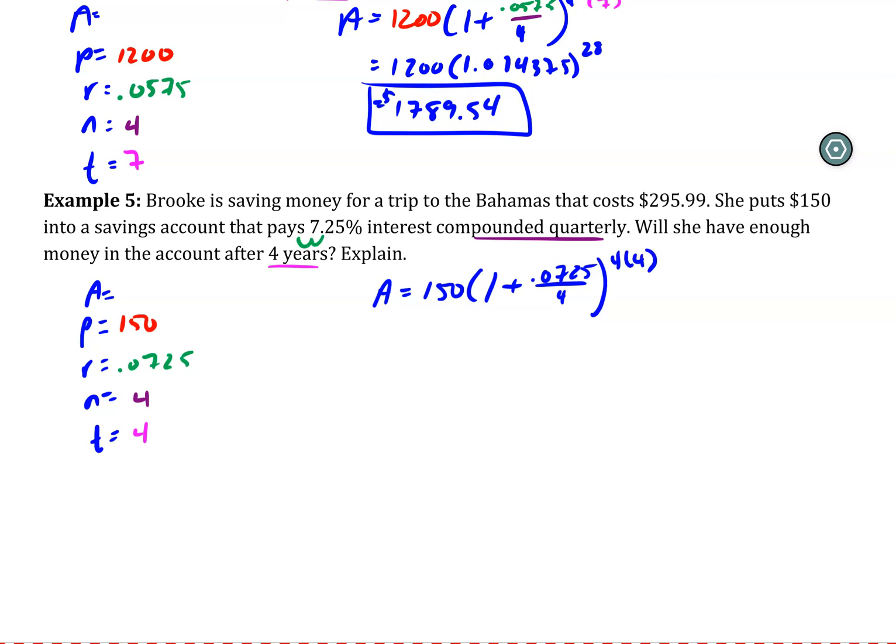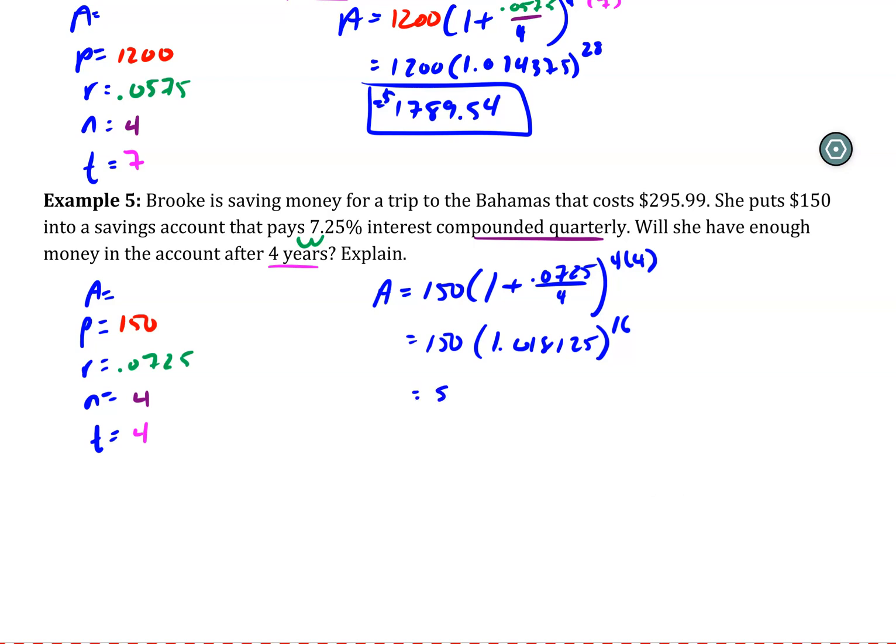All right, so let's take that rate divided by 4, add the 1. So we get 150 times 1.018125 raised to the 16. So then actually raise that to the 16, multiply it by 150.